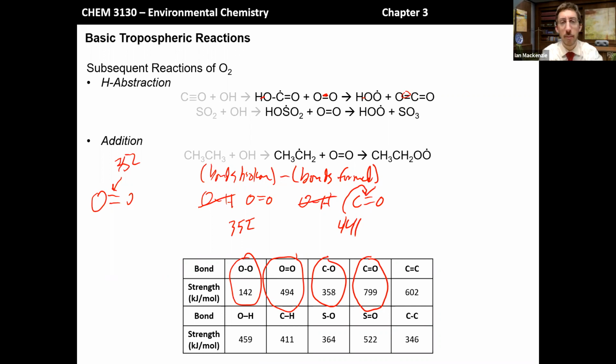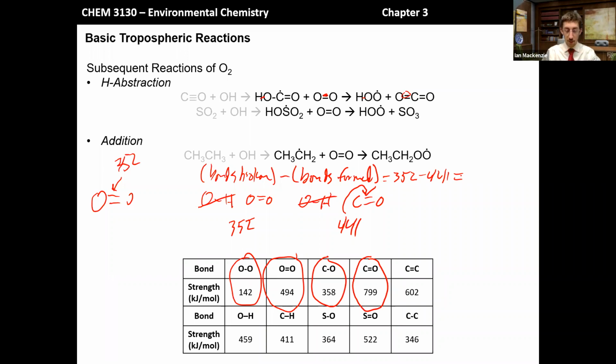So then I just do products minus reactants. Well, sorry, not products minus reactants. In this case, it's bonds broken minus bonds formed. So bonds broken minus bonds formed, that's 352 minus 441. And I can already see this is going to be an exothermic reaction because it will be negative.